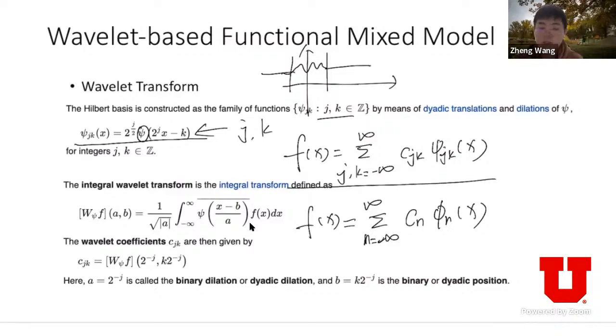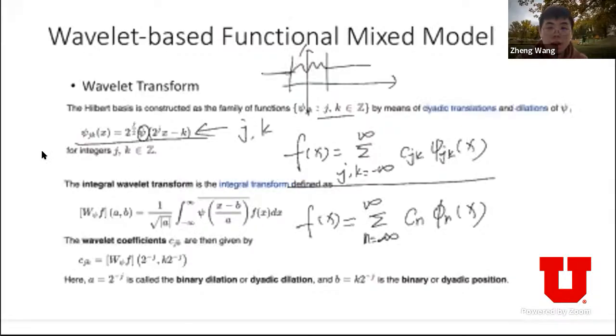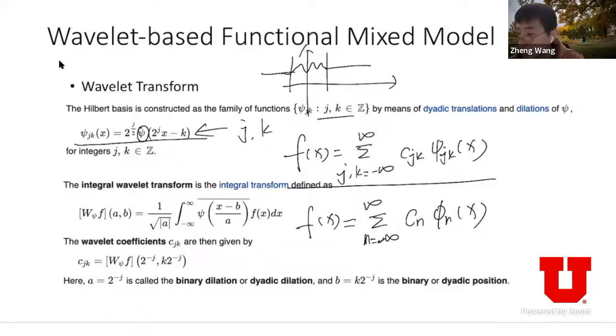This form is a wavelet transform, and the frequency part is indexed by two integer numbers, j and k, and this is a form of Fourier transform. The frequency part is indexed by just an integer value. So I just want to make it easier to understand.